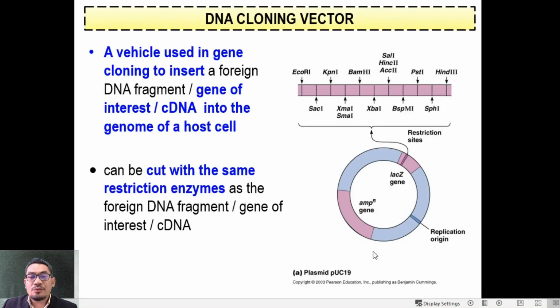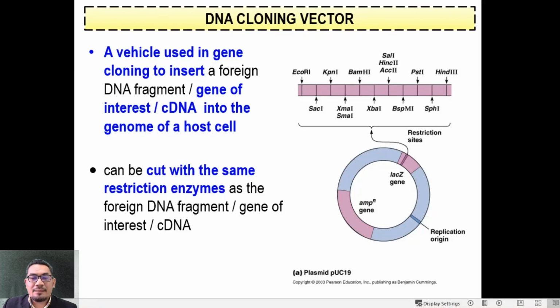The third tool that we use in recombinant DNA technology is DNA cloning vector. DNA cloning vector refers to a vehicle used in gene cloning to insert a foreign DNA fragment into the genome of a host cell.